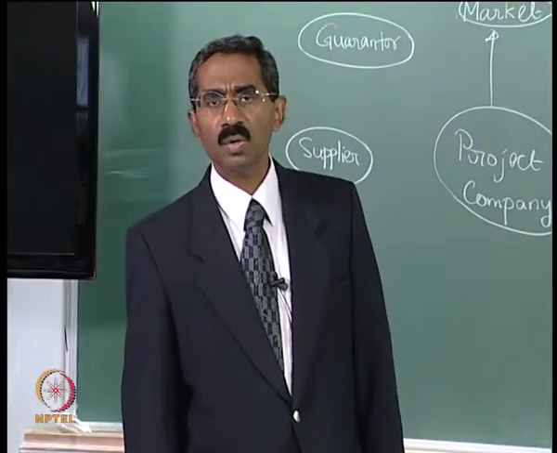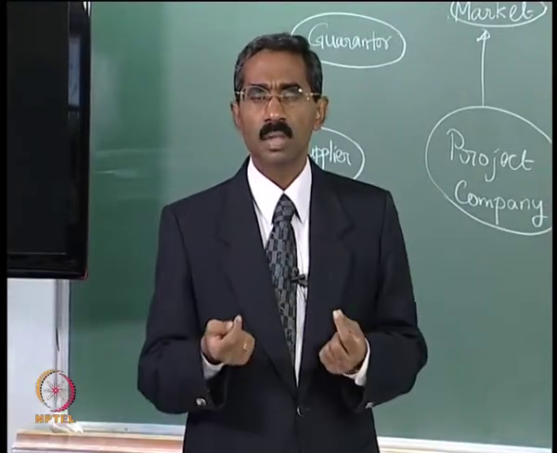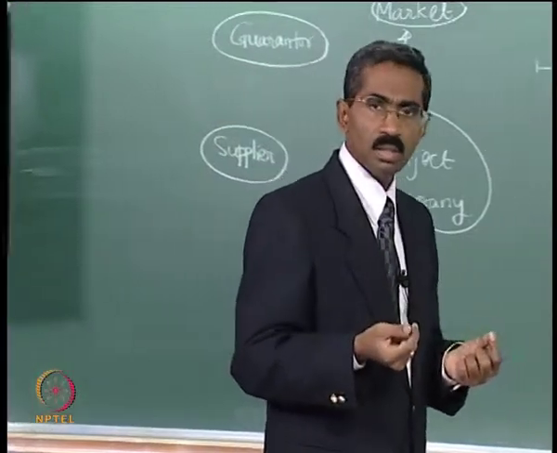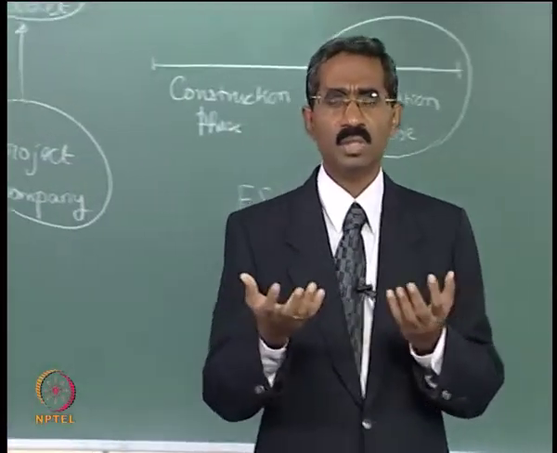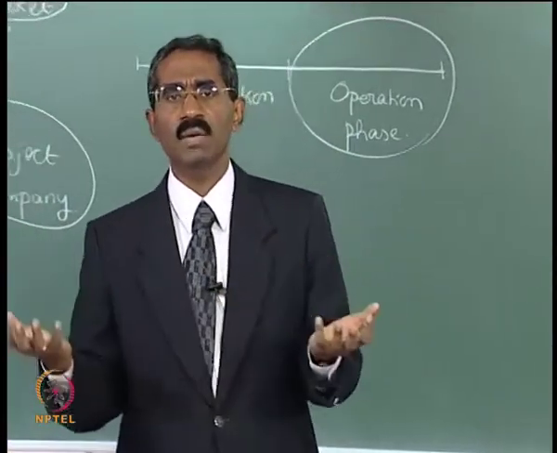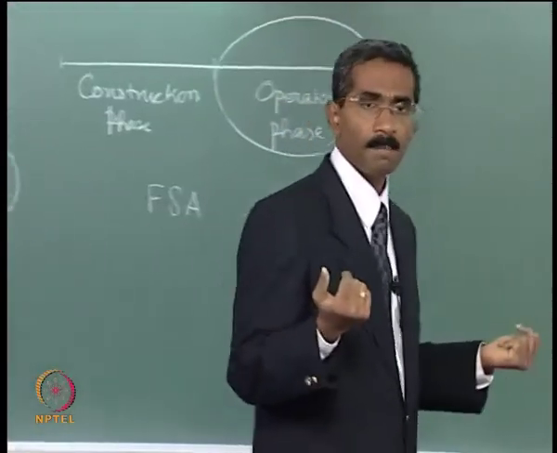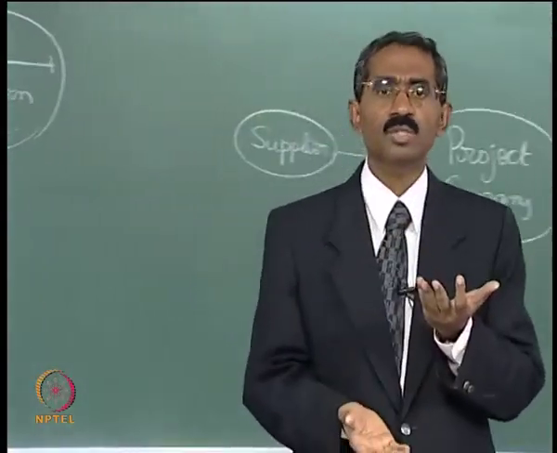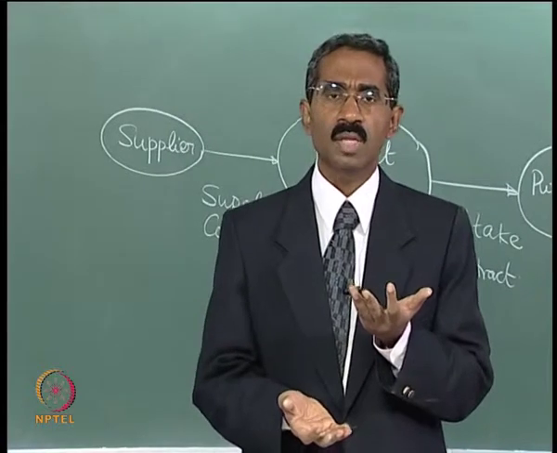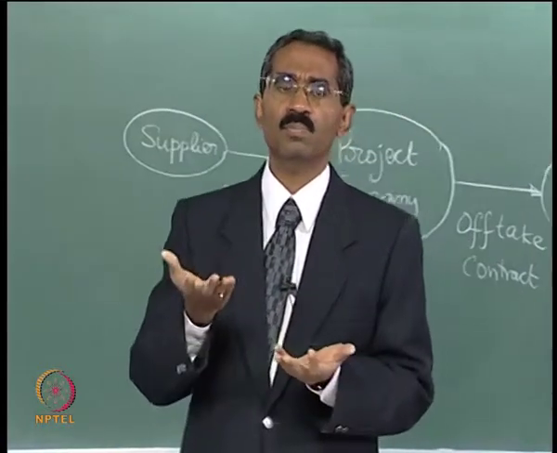Then we have what is called a hedging contract. In a hedging contract the price is agreed upon based on some commonly available index values. If the index value falls below a certain level, there is a floor price that is fixed.